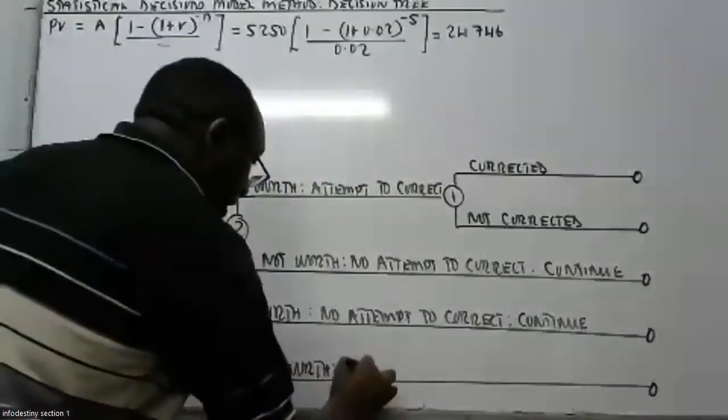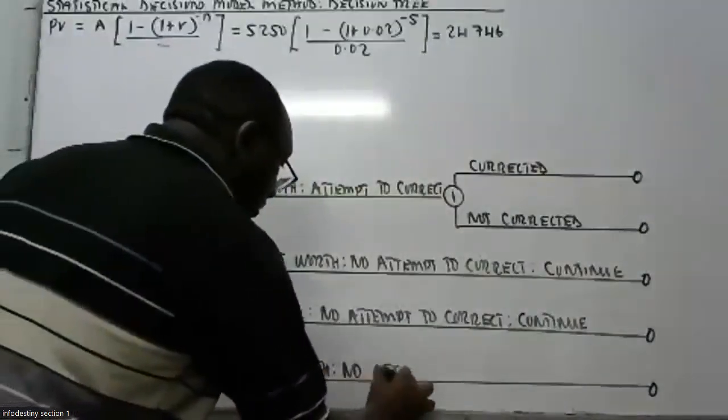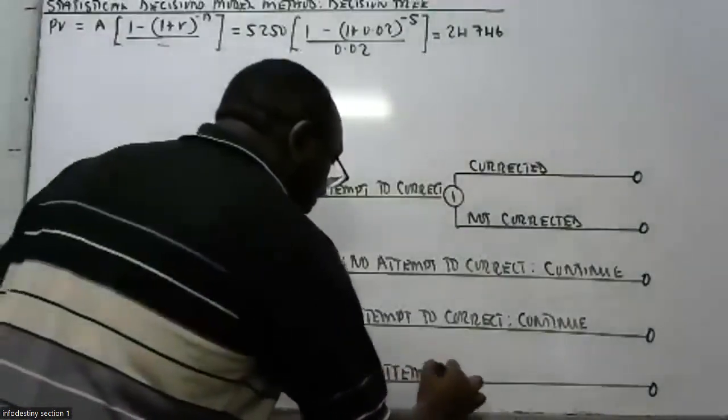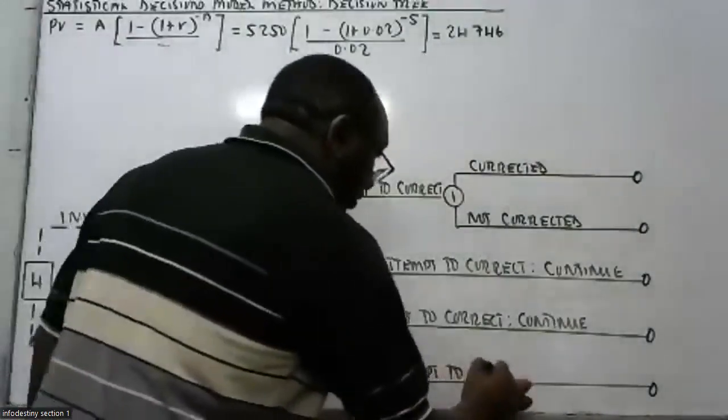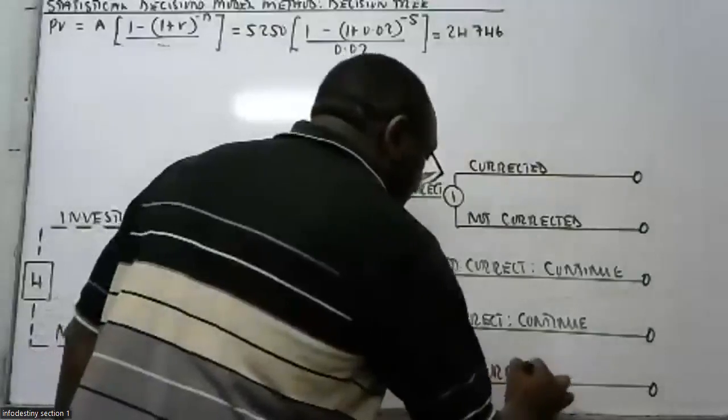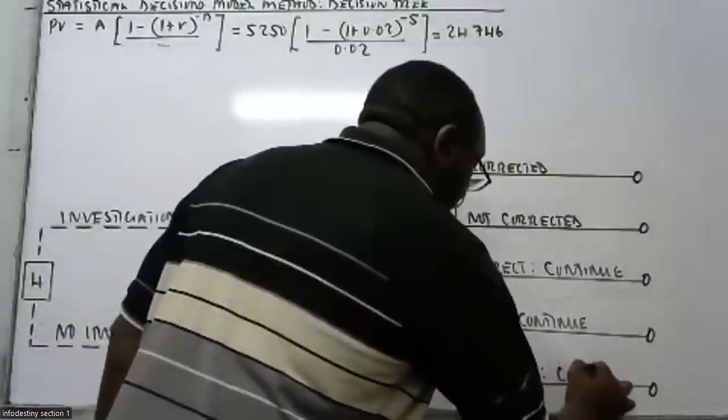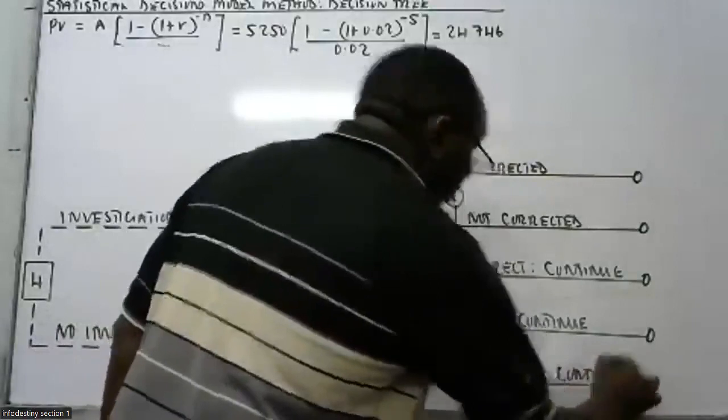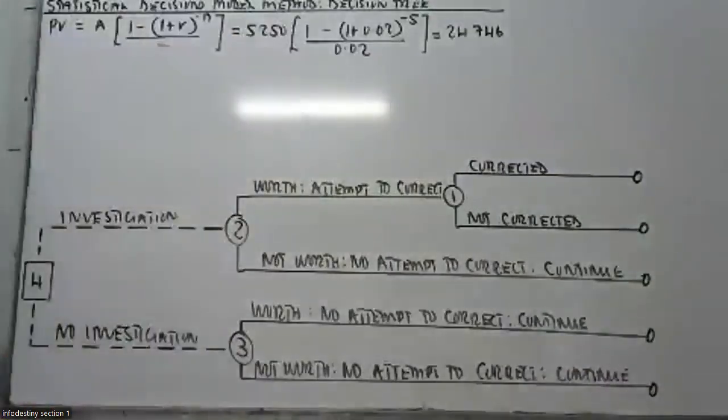The same case here, no attempt to correct, and therefore they continue. So that is how the fair copy looks.